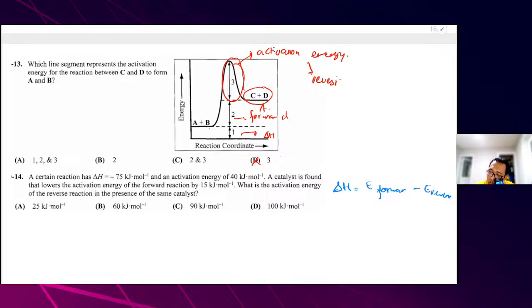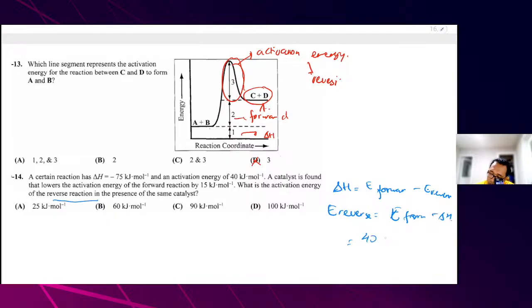So now we want to know the reverse reaction. E reverse should be E forward minus delta H. So see, the activation energy is 40 kilojoule.